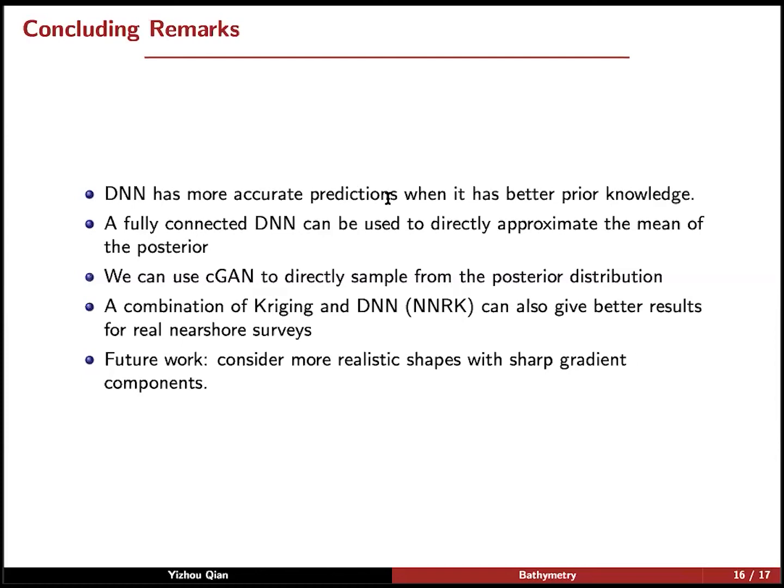And when we use the conditional GAN, we can try to approximate the posterior distribution directly through our generator, and also sample data through our generator. We can also possibly combine the deep neural network with Kriging to potentially give a more accurate result.